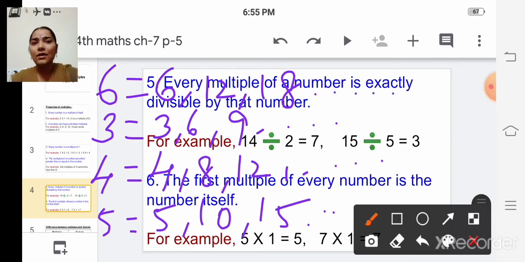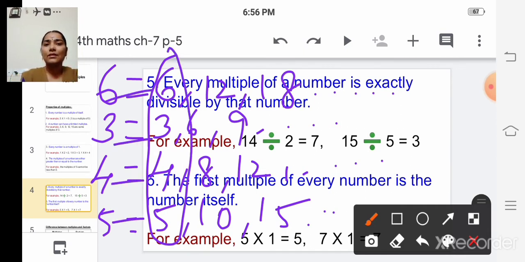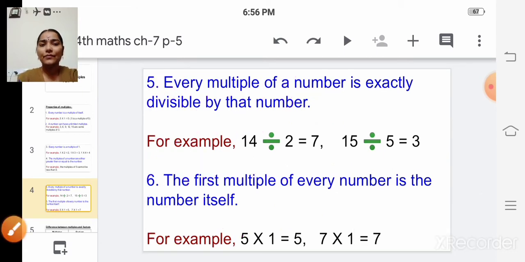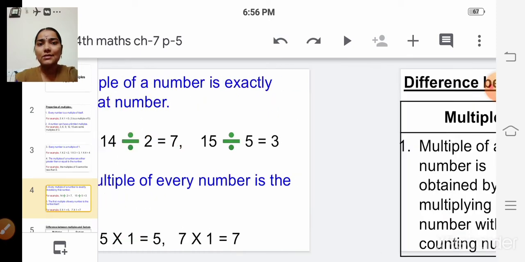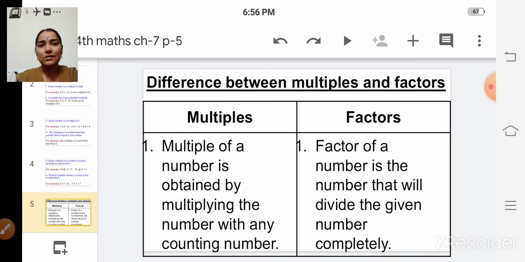So the first multiple of every number is the number itself. Is it clear, children? They have given the example 5 into 1 which is equal to 5, and 7 ones are 7. So these are the properties of multiples.